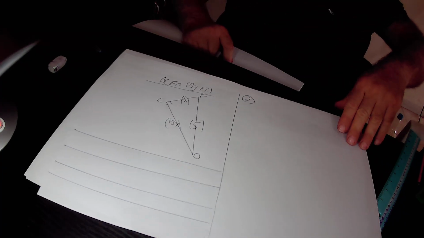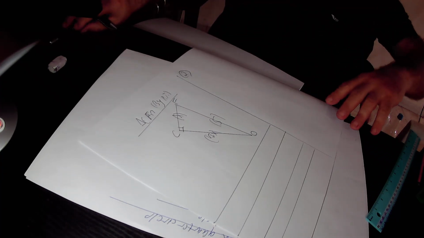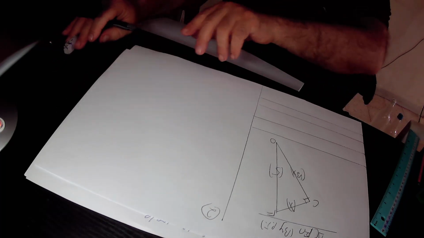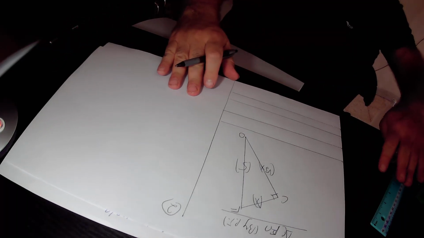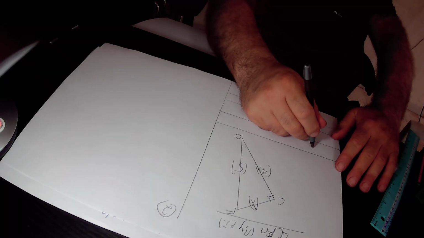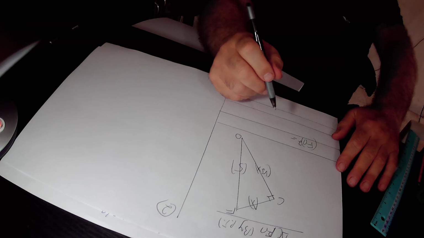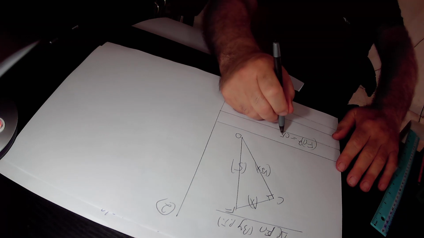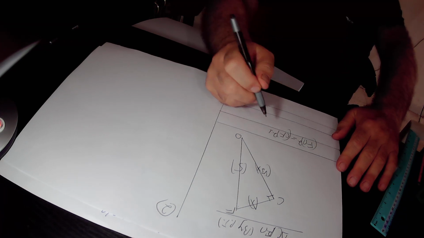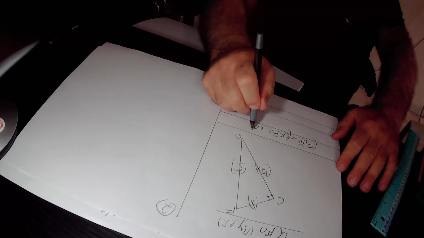So I'll write it down. FO squared equals CF squared plus CO squared.